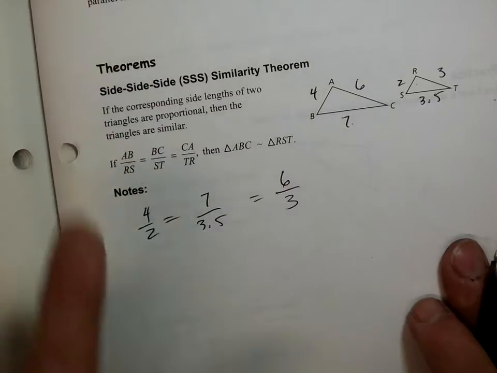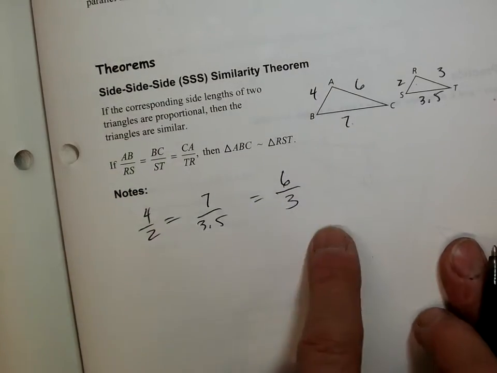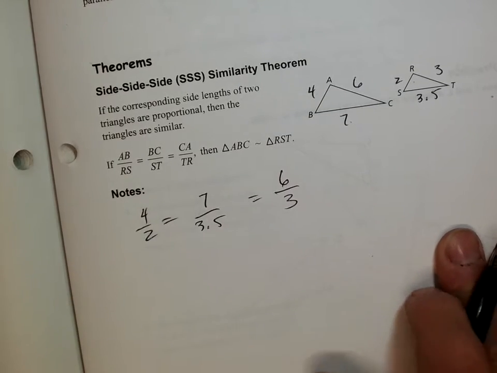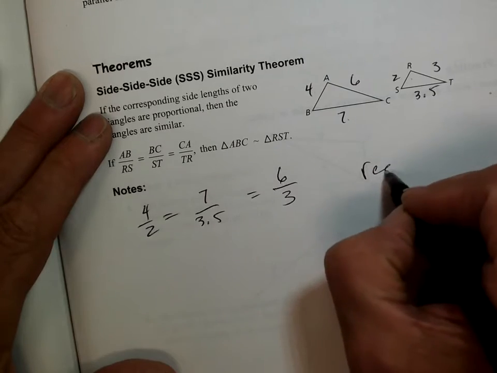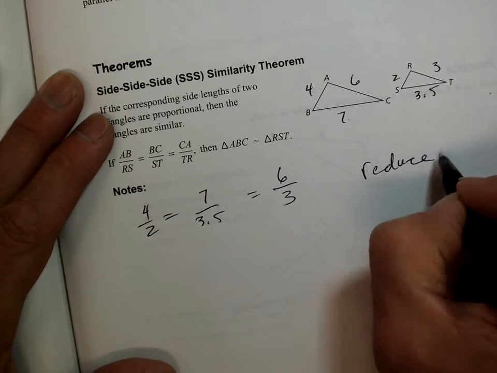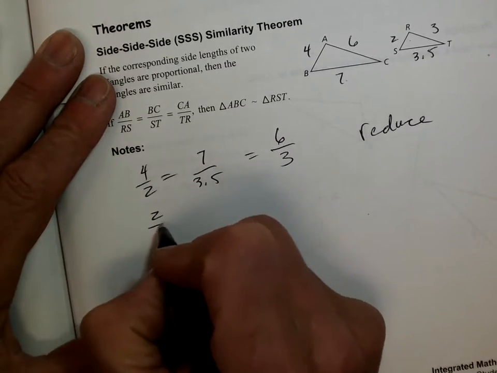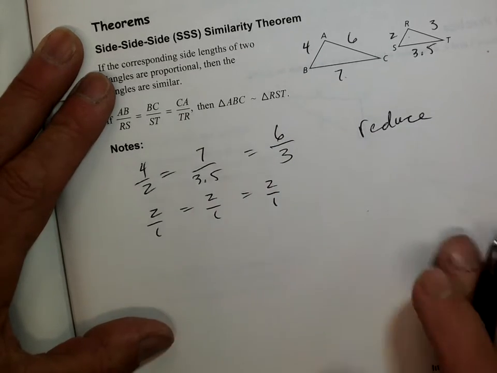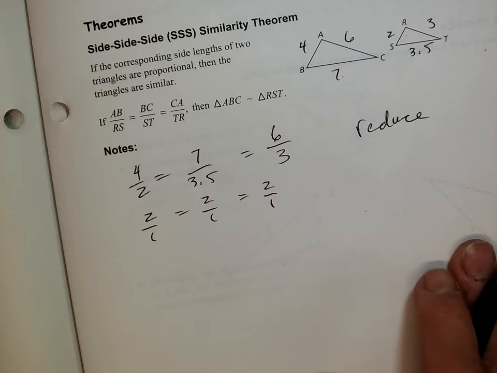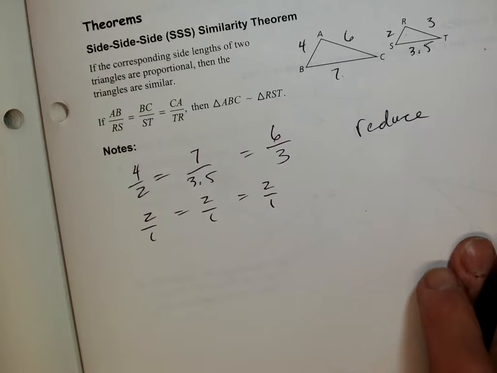So if the proportion is the same for all three, then if we reduce, our scale, or our proportion, is 2-to-1. So if all three sides have the same ratio, they're proportional, then the triangles are similar.